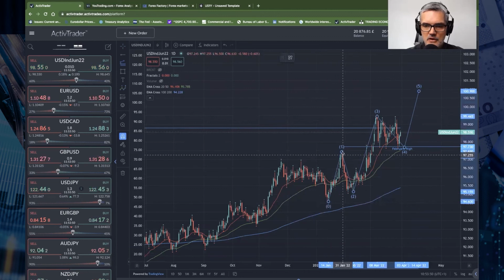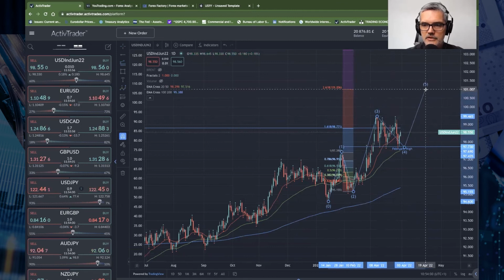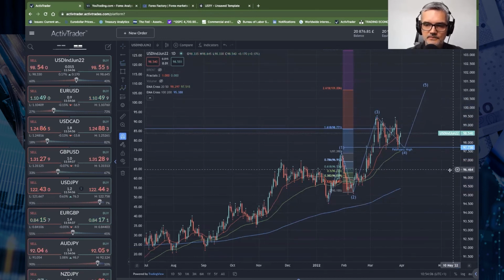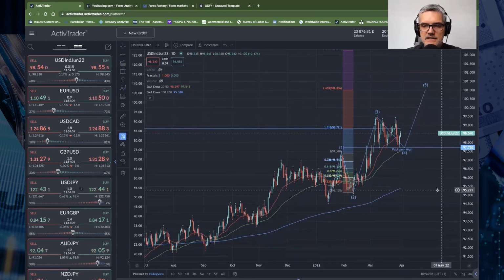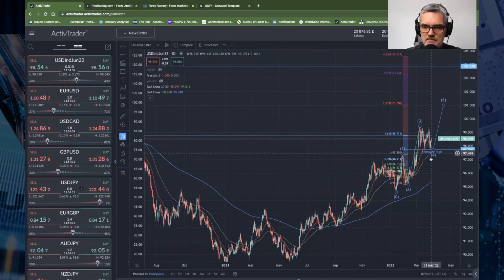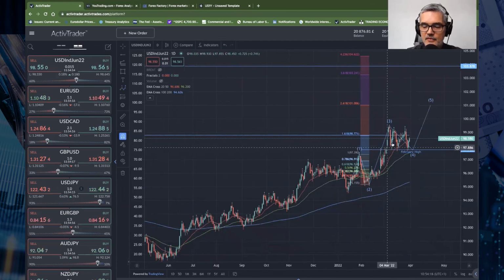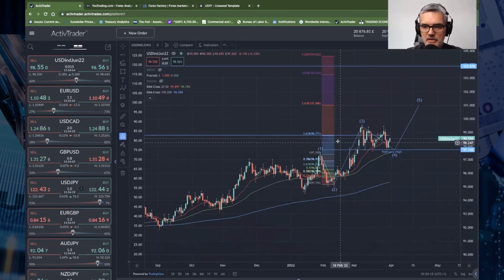So we go from top of wave 1 down to wave 2, and then target the 2.618 fib extension and this 101 level. So break through the really key psychological 100 up to 101. So that's my base case scenario. I'm looking for this dollar to break out to the upside. You know, this bull flag is holding its shape quite well.